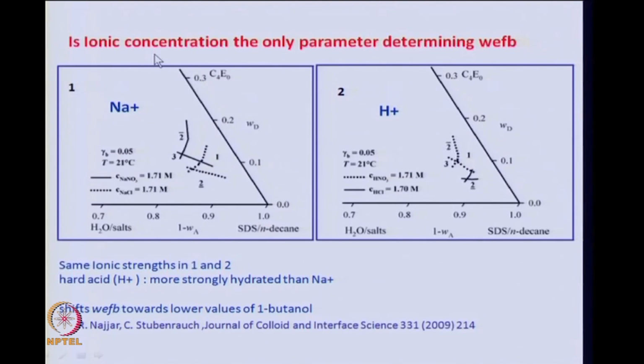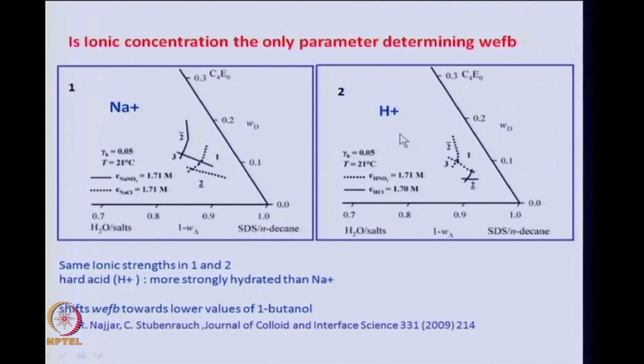No, ionic concentration is one parameter, but if you change the ions, say compare sodium ion and H plus ion, both have one positive charge. However, H plus ion gets more hydrated than Na plus ion. So, the effect of H plus ion is more than Na plus, and you can see the shift is more towards less butanol requirement for stabilization of the micelles or reverse micelles compared to sodium ion.